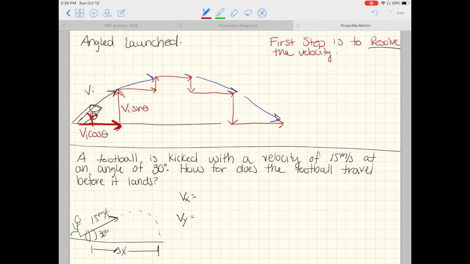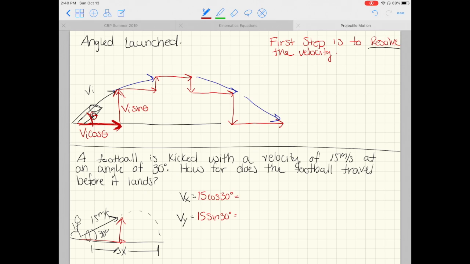So the first thing I need to do is figure out the x and the y component. Now the x component is adjacent to my angle, so to resolve it, hypotenuse times cosine of the angle. The y component is directly across from my angle, so hypotenuse times the sine.